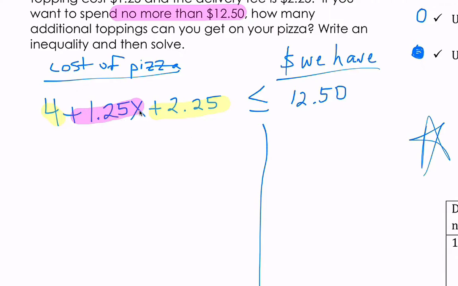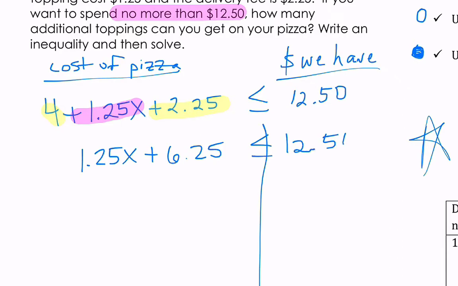So I see 1.25 x's. There are no other x's to add to it, so it drops down. And let's combine our regular numbers. I see a 4 and a 2.25, so I add those together. 4 plus 2.25 is a positive 6.25. Okay, we've done nothing to change our sign. And on the right-hand side, that 12.50 will drop. That's a decimal.